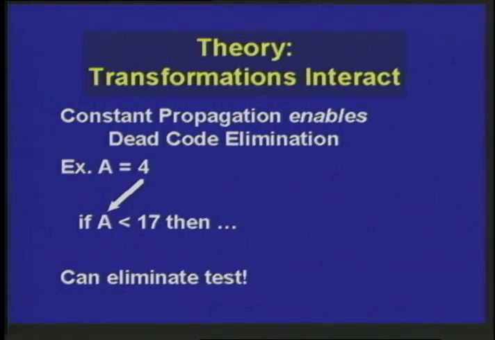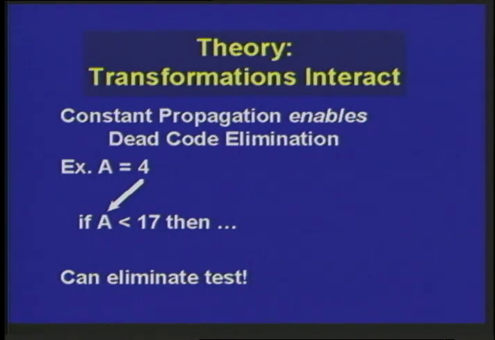So we're starting from theory, this theory that transformations actually interact. Here's an example. Constant propagation actually enables dead code elimination. There's a little example there where we have an assignment to the variable a of the constant 4, and that value is actually used in a subsequent test.